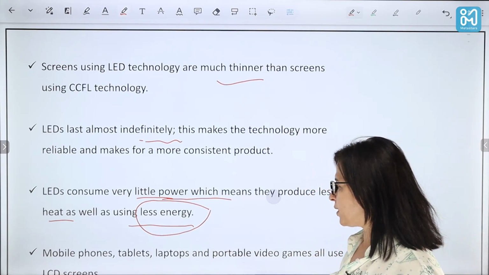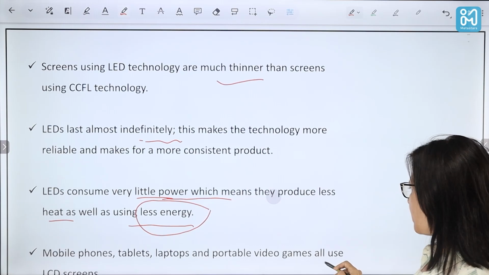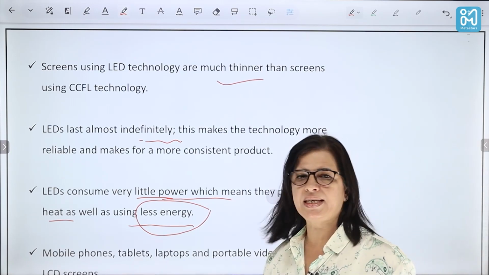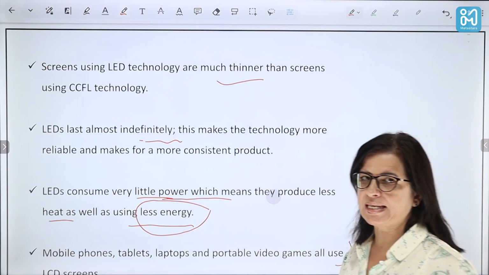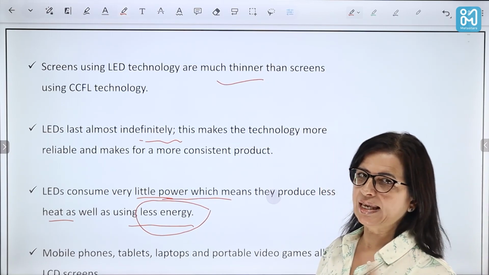Mobile phones, tablets, laptops, and portable devices and games all use LCD screens.